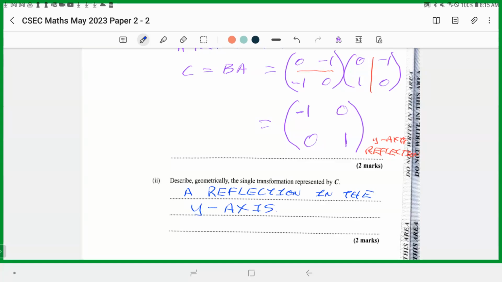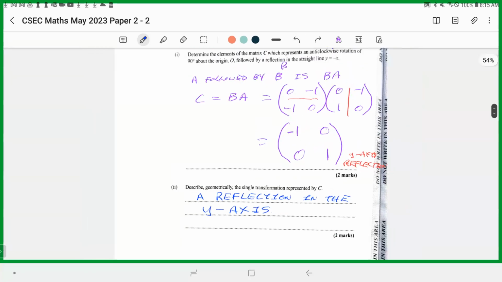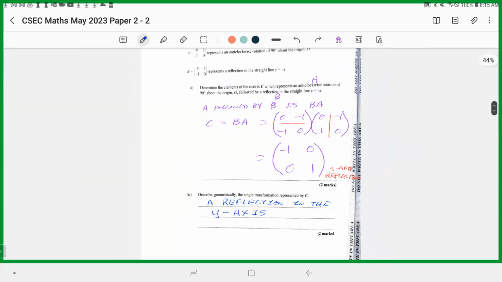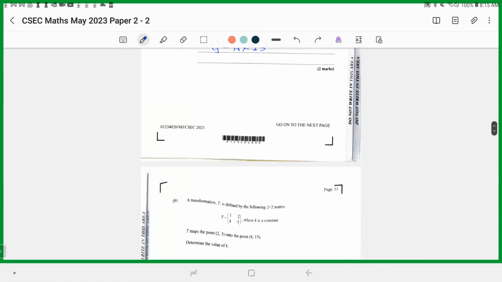Just learn the matrices. It's 2 marks, quick ones. You have to know these matrices, they're always setting them. So just learn them.